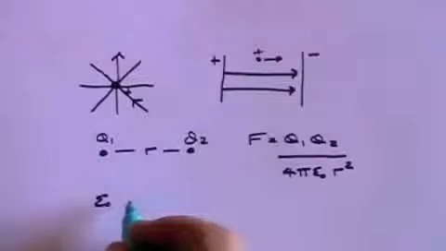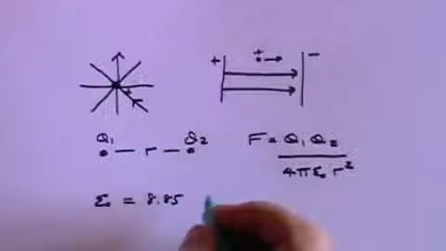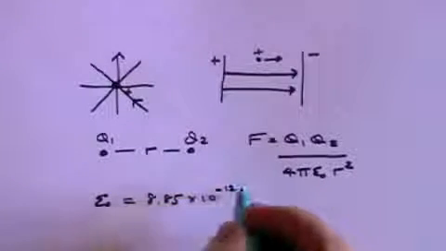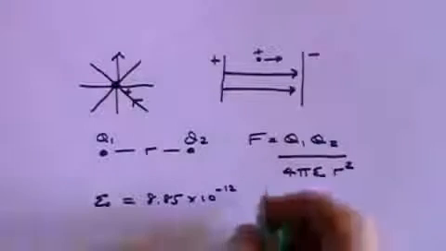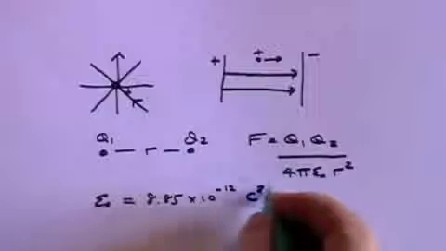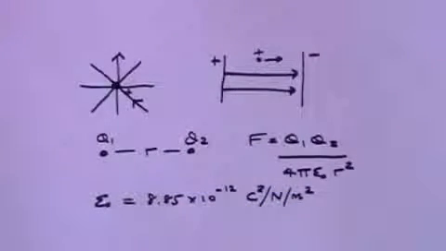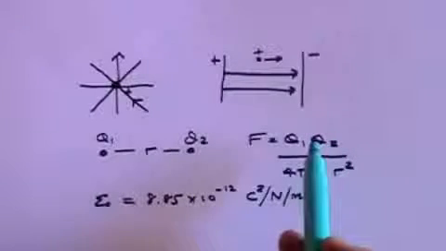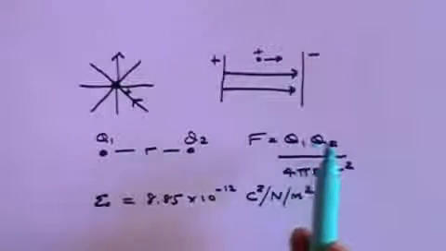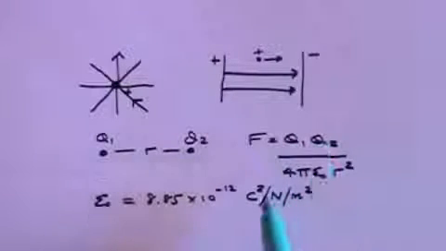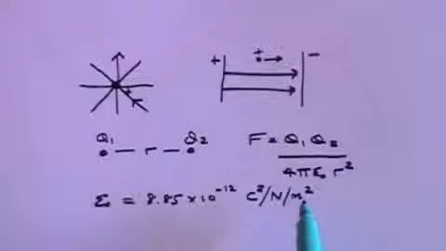Epsilon naught has a value, it's the permittivity of free space, and that is 8.85 times 10 to the minus 12. And then the units can vary. Sometimes it's Coulombs squared per Newton per metre squared, which of course is what you need to be dimensionally consistent, because the force will be in newtons, the charge will be in coulombs, and since there's two of them it'll be Coulombs squared, and r squared will be in metres squared.